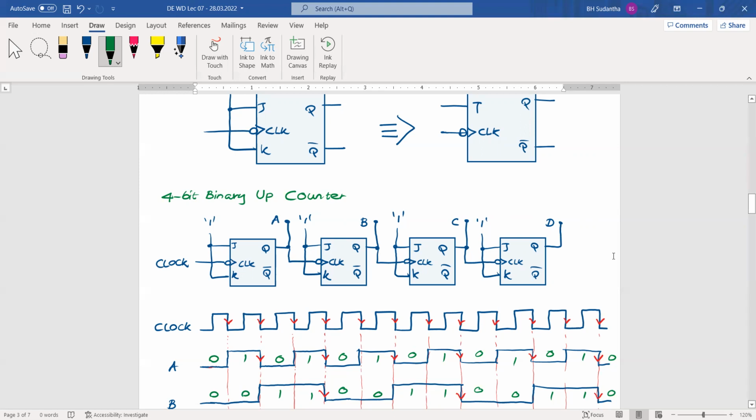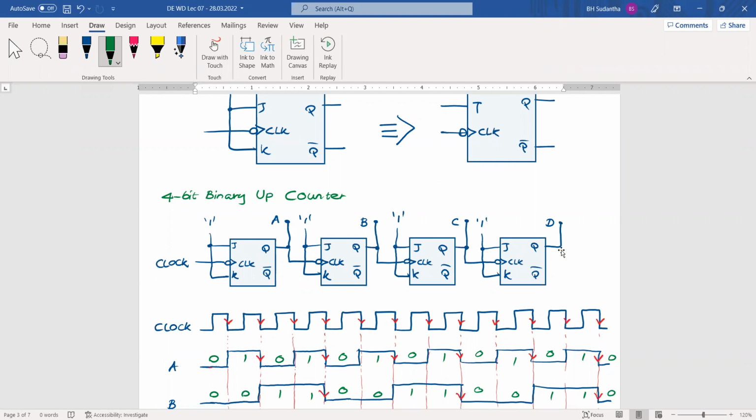If you are going to connect the fifth flip-flop, you can take the fourth output line and connect it to the fifth clock pin. And if you are going to connect the 6th one, take the 5th output and connect it to the 6th flip-flop clock input. Is it okay?